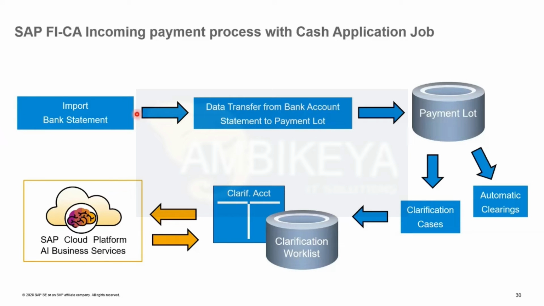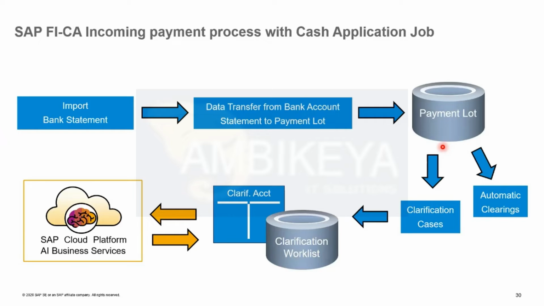We import the bank statement, transfer the data from the bank account to the payment lot using FPV7. Then we have the payment lot. And normally now we do those automatic clearings with a rule-based approach.